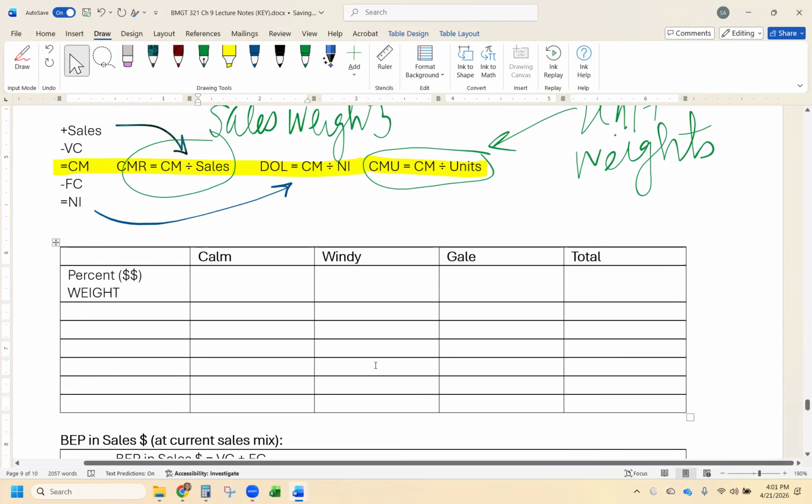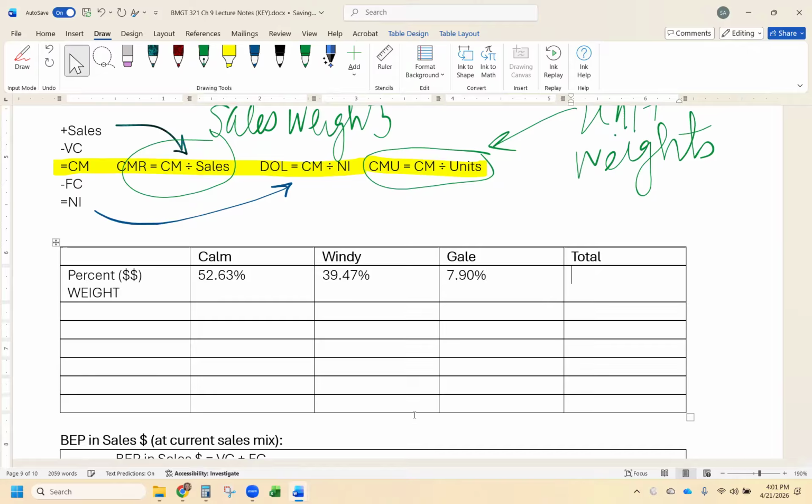So the weights on the sales are 52.63%, 39.47%, and 7.9%. So they've already calculated those out for me, so that's pretty nice.